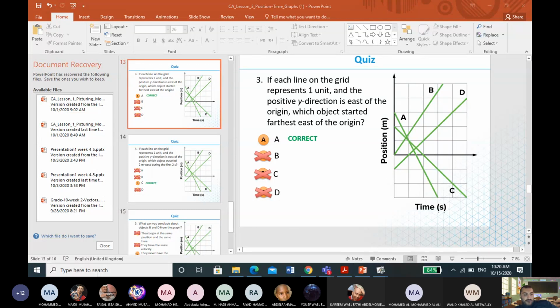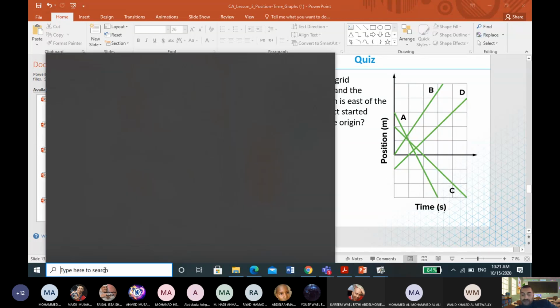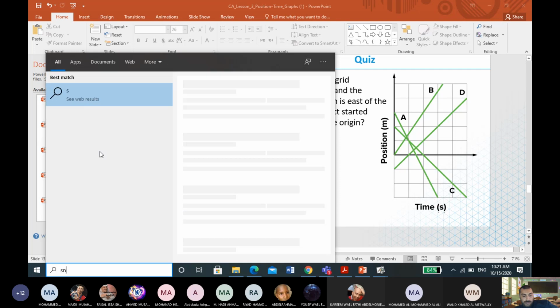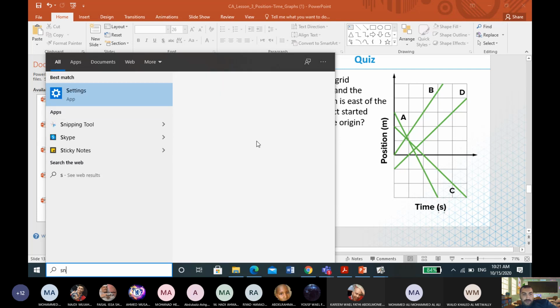I want to do something in order to make it clear for you. Just wait. Snipping tool. Just give me 1 minute.